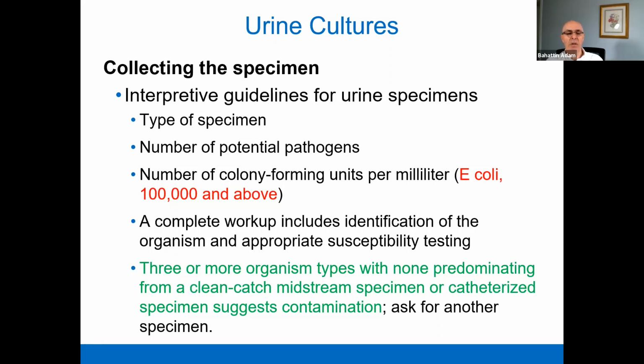This is important to prevent contamination. If there are three or more organisms on the culture plate, that suggests contamination, which means the patient didn't obtain the urine sample correctly.